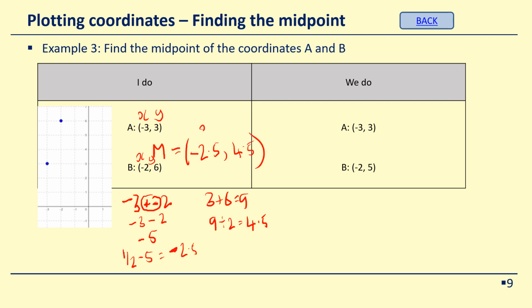So x, y, minus 2.5 and 4.5. Okay, so that's like there. Okay, minus 2.5 and 4.5. Okay, you pause the video now and do the we do.